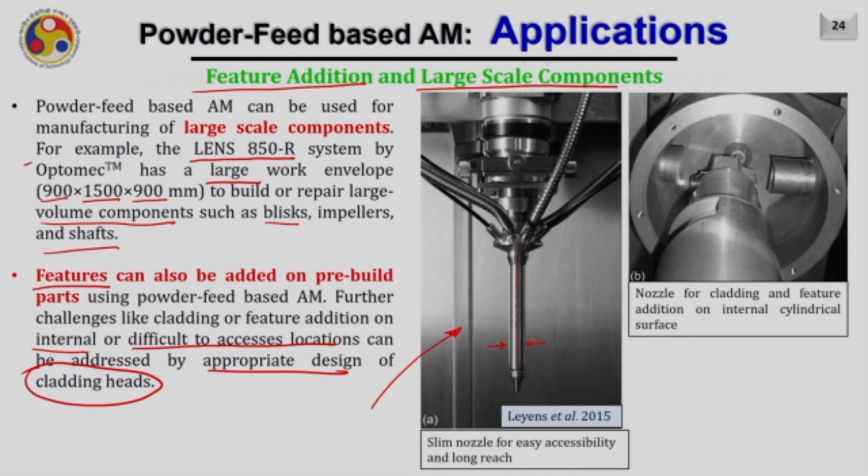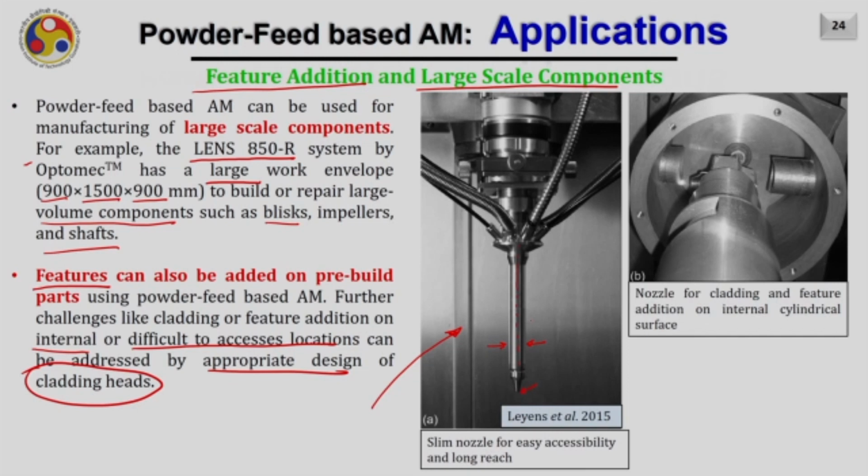The slim nozzle is particularly used for easy accessibility and long reach of the deposition tip to add the material at very remote locations to build the part. This type of slim nozzle is very suitable for its easy accessibility and long reach to deposit the feature.